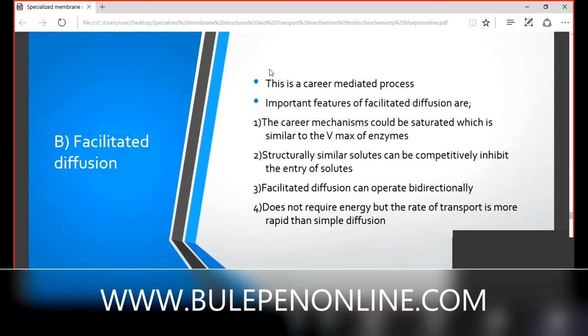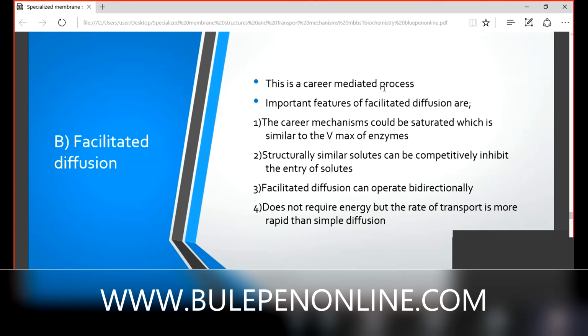We know what competitive inhibition is. Facilitated diffusion can operate bidirectionally. It is not a unidirectional process. It does not require energy, but the rate of transport is more rapid than simple diffusion. Simple diffusion is the slowest process.